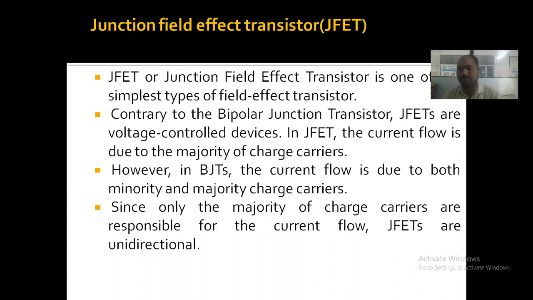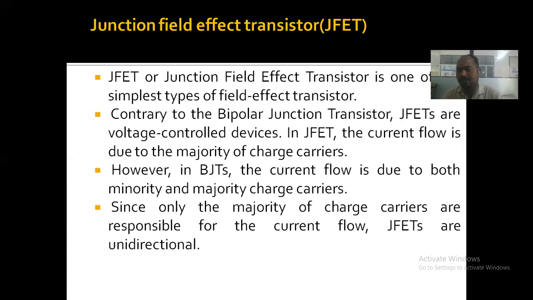This is related to the JFET. But in case of BJT, what do we do? We apply the base current, which causes a change in the collector current. This is with respect to your BJT. In JFET, the current flow is due to the majority charge carrier. I have told you many times the difference between BJT and JFET.